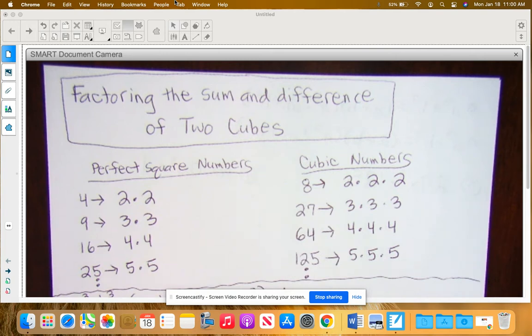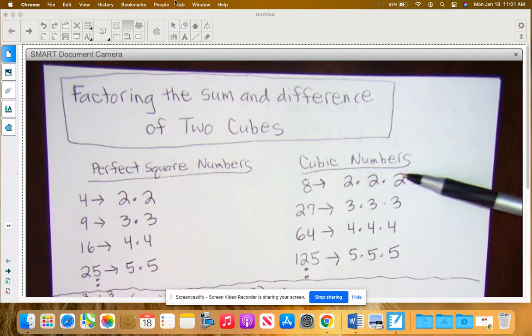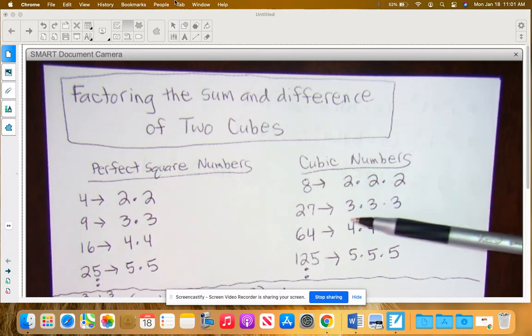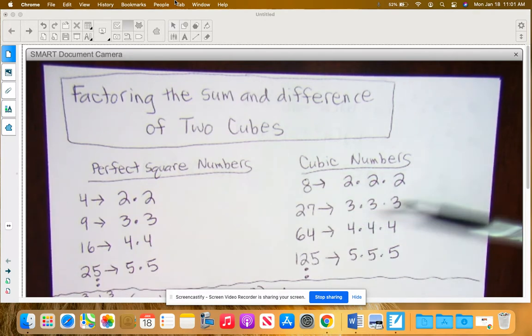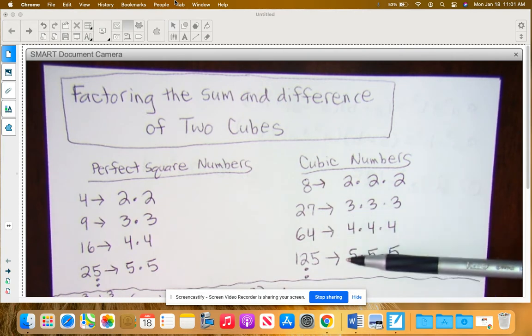There's also this idea of a cubic number. When you take the cube root of a number, what number, when you multiply it by itself 3 times, gives you the cubic number? I've written the first 4 over here. 2 times 2 times 2 gives me 8. 3 times 3 times 3 gives us 27. 4 times 4 times 4 gives me 64. 5 times 5 times 5 gives us 125, and there's a whole bunch of them out there.